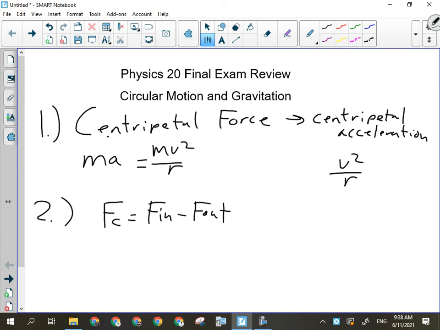Okay, so the examples we went over in class of uniform circular motion were artificial gravity, banked curves, and unbanked curves. Expect that you're going to see one of those three as your uniform circular motion problem on the final exam.